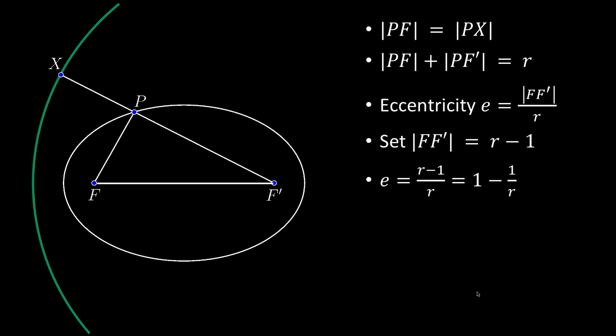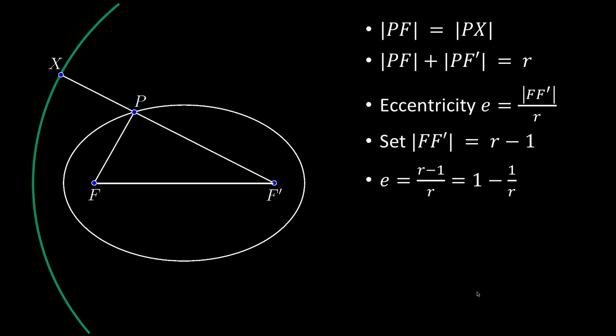In other words, that focus f is just distance 1 from the circumference of the circle. Then the eccentricity will be r minus 1 over r, which, if you cancel the r's from the top and the bottom, is 1 minus 1 over r. So as we increase r, getting larger and larger towards infinity, this eccentricity will get closer and closer to 1.